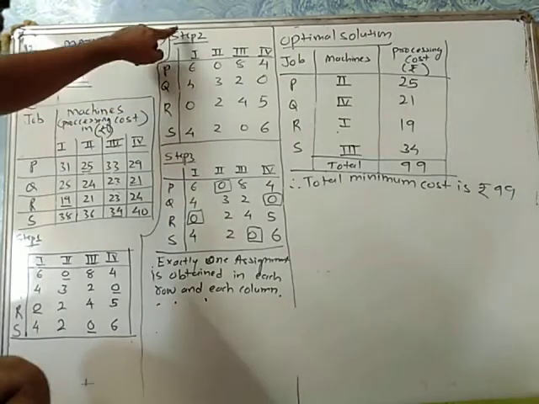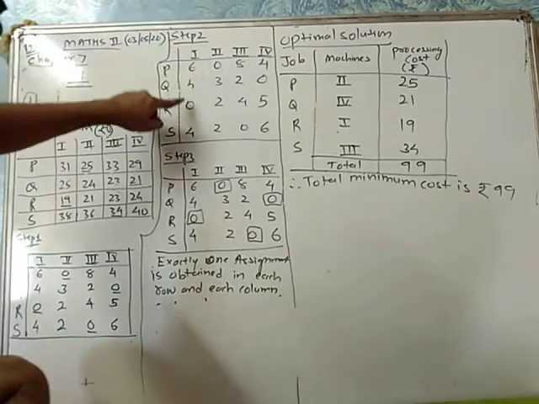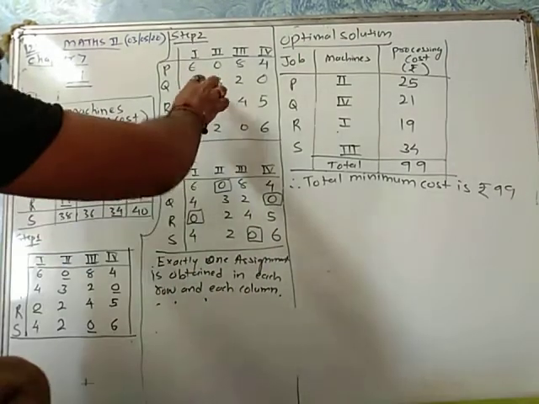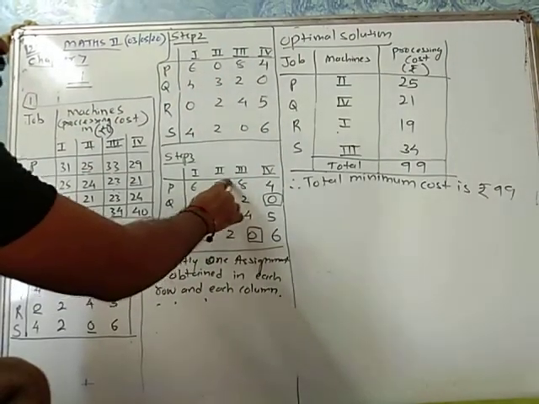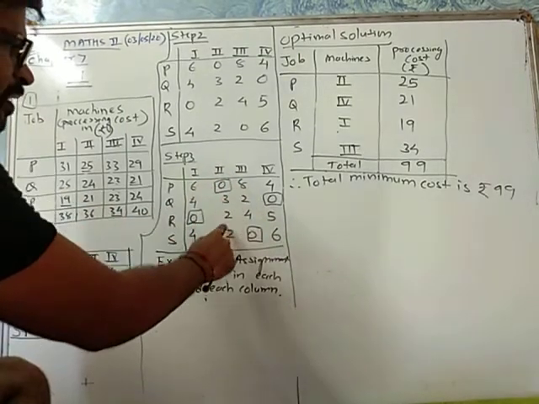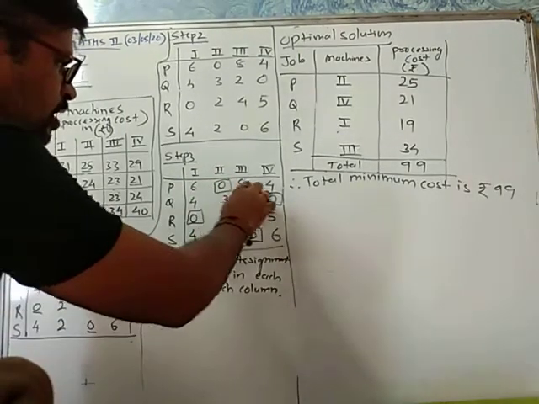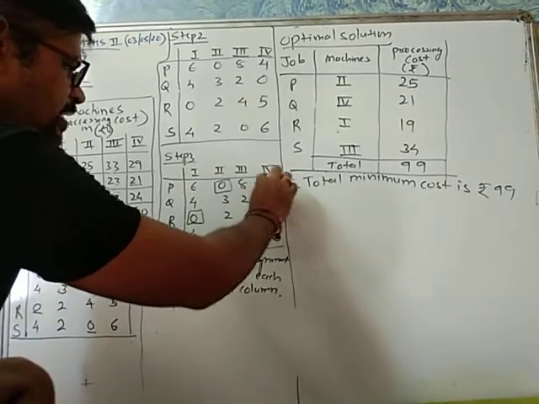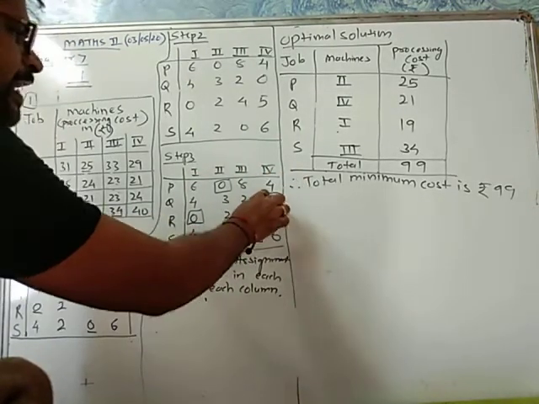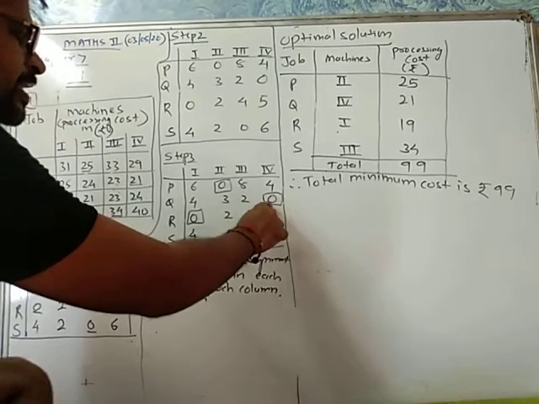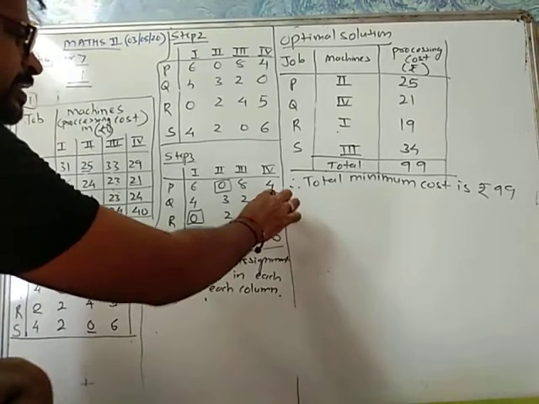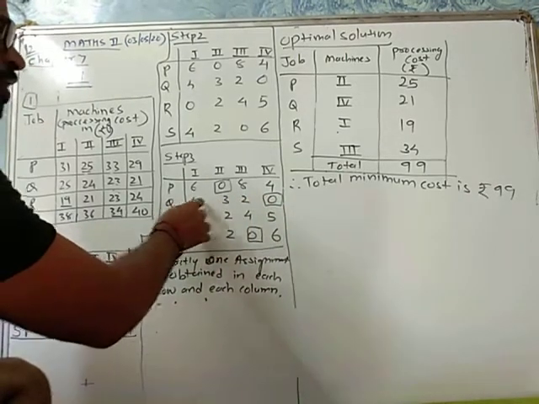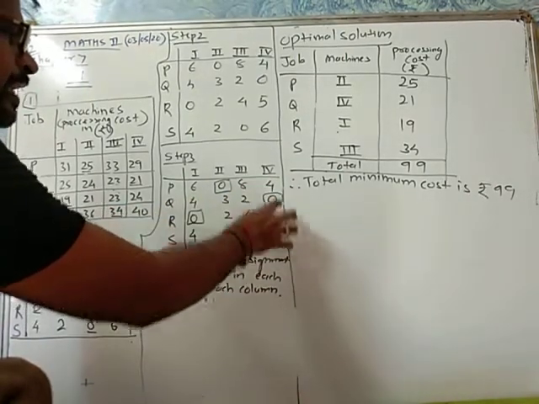Similarly, you must examine columns also. In the first column also there is a single zero, so please mark it. Whenever you mark a zero, every zero in that particular column and that particular row should be cancelled. Here there is no other zero, so nothing is cancelled. When I mark zero in the second, third and fourth rows, there was no other zero in that particular row or column.